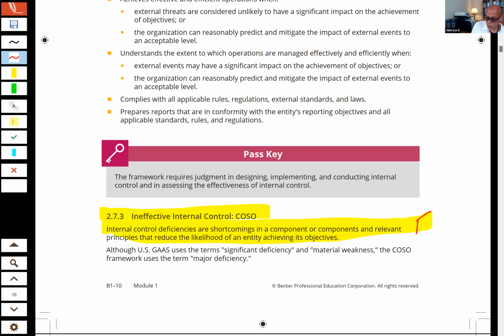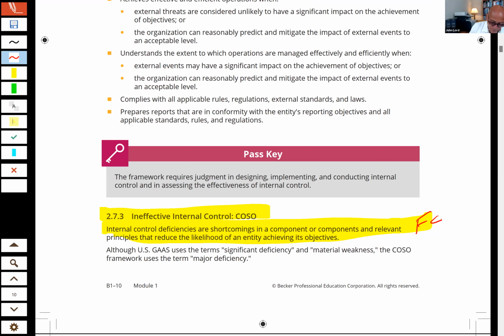So as you go through those 17 principles, if one of those principles is missing, that could be seen as a deficiency, although maybe a particular principle for whatever reason isn't necessary. But as part of the evaluation, it's expected that you would address each one of those principles. And if one isn't relevant to a particular component, then you would call out what the reason is that it's not relevant.